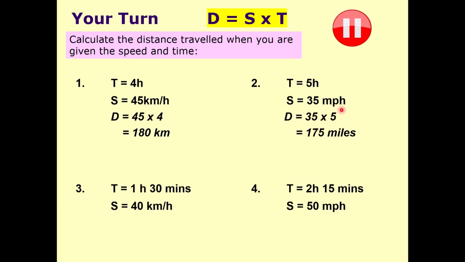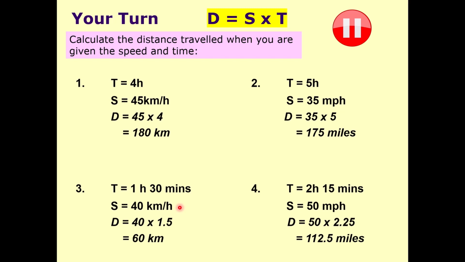Speed is 35, time is 5, times them together to get 175 miles, because we've got miles per hour in our question. Okay, next one is time is 1 hour 30 minutes, speed is 40 kilometers. So we're going to times 40 by 1.5 because we've changed our time into decimals to get 60 kilometers.